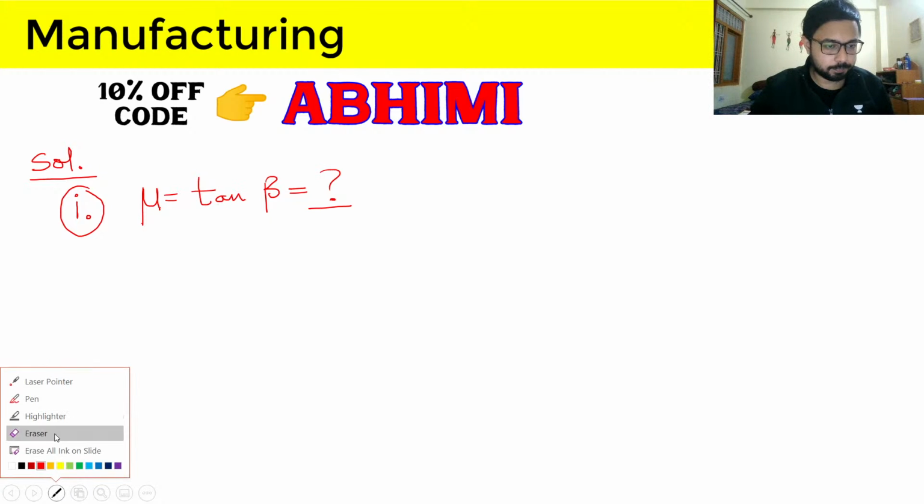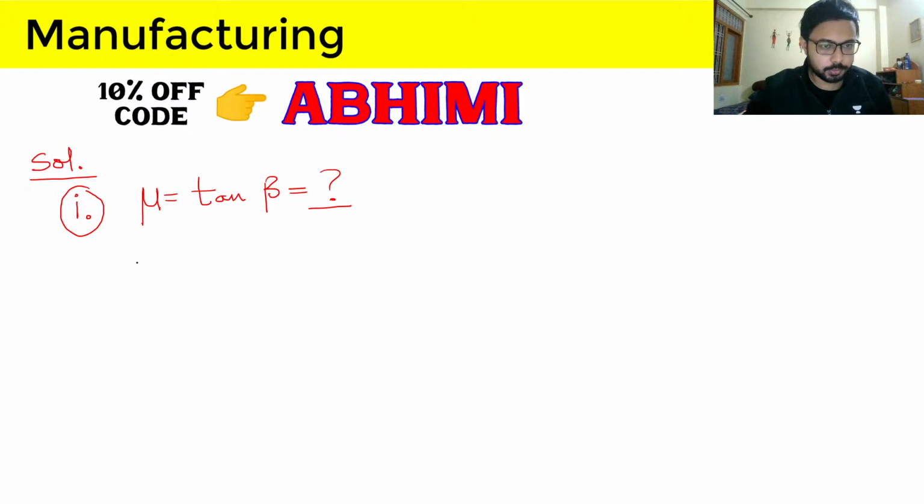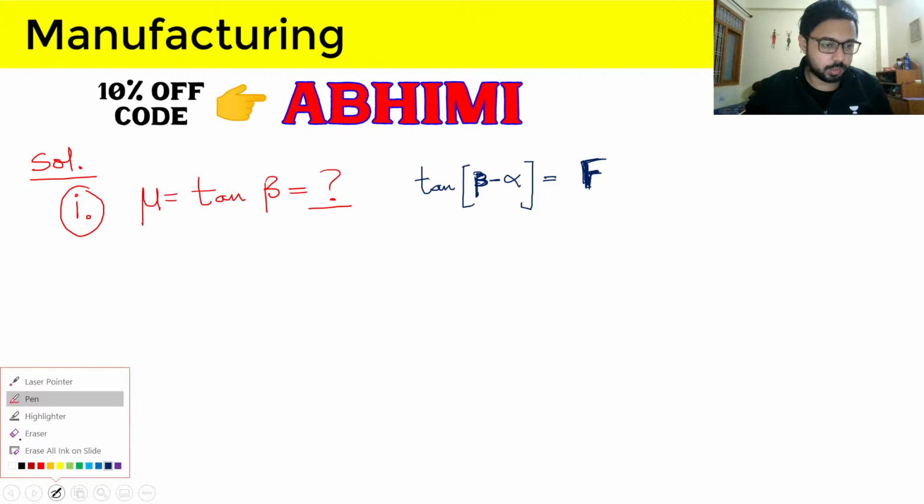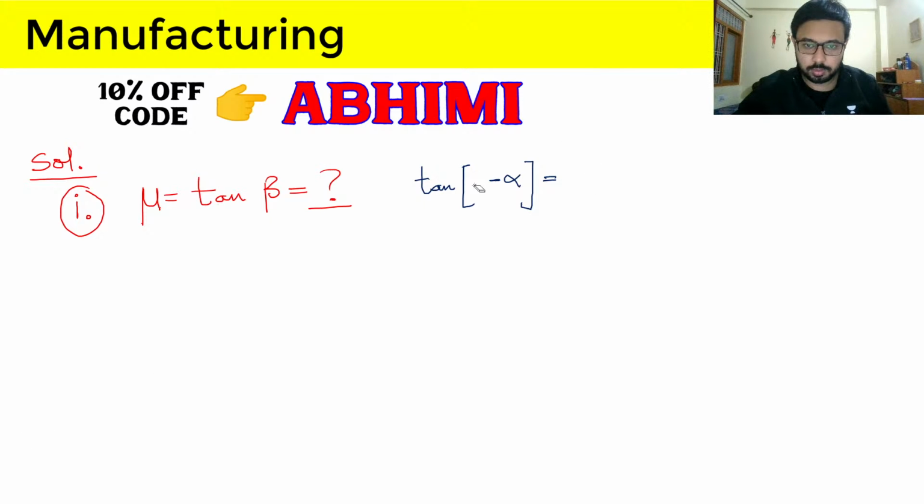So let's do that. Let's select a different color pen here first of all. This formula you should know that I was talking about. This is one of the most important formulas, and the question on this shear angle formula, the phi formula, comes very frequently.